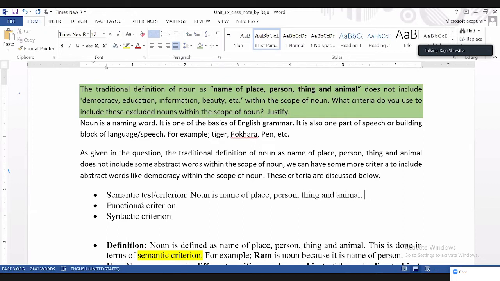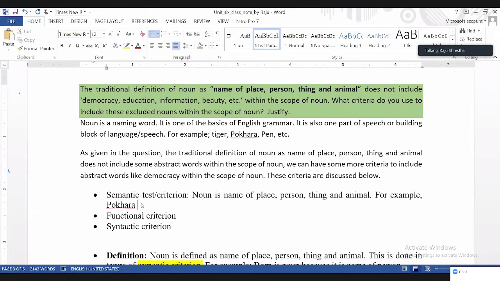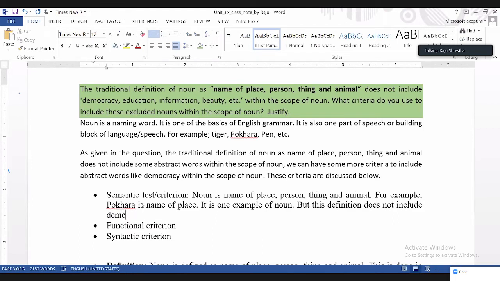For example, Pokhara or Kathmandu. Pokhara is name of place; it is one example of noun. Write here: but this definition does not include democracy.